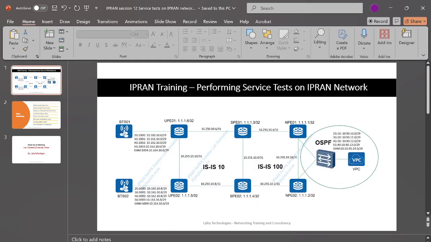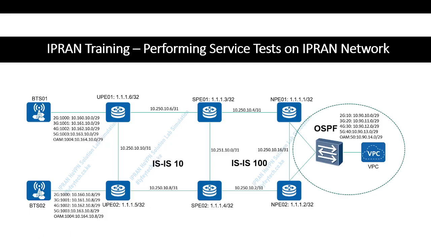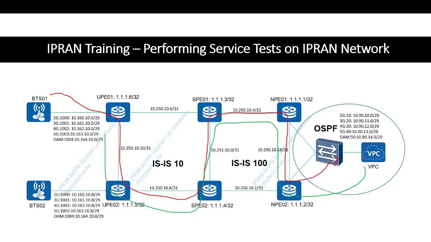If we are having traffic flow from the BTS using this path, then we should also have the traffic flowing from the VPC to the BTS using the same path. Asymmetric routing will always have issues because remember, one path may be faster, another one is slow, one is congested, another one is not.